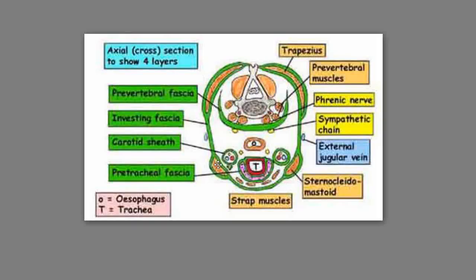You've got the carotid sheath, which contains the common carotid artery, the internal jugular vein, and the vagus nerve. You've got the pretracheal fascia, which encloses the larynx, trachea, thyroid gland, and esophagus, so the viscera of the neck. And you've got the prevertebral fascia around the cervical vertebrae and the associated deep muscles, scalene muscles, and prevertebral muscles. So that's the organisation of the neck.